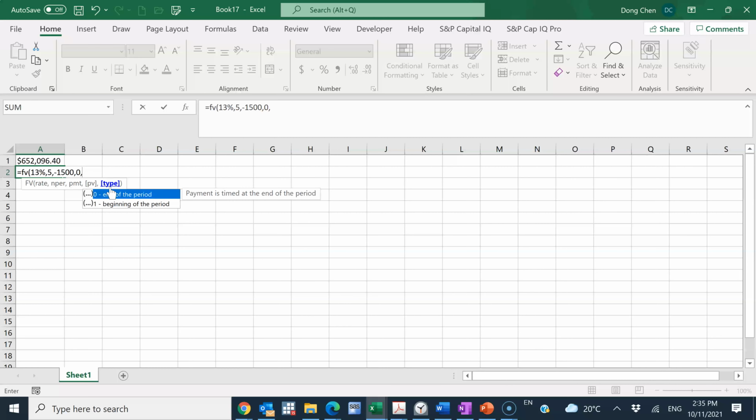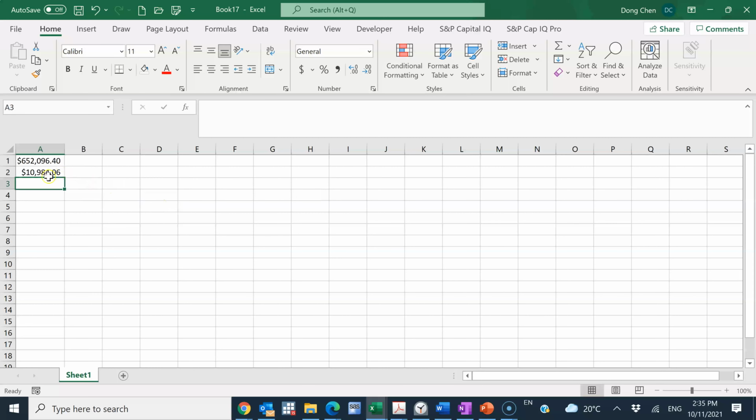And then once you get to the type, you can see 0 means end of the period. That's the default. And the 1 means the beginning of the period. That's what we're going to put, because that will give us the annuity due. Right? So we can just put that. And then that's the second way.